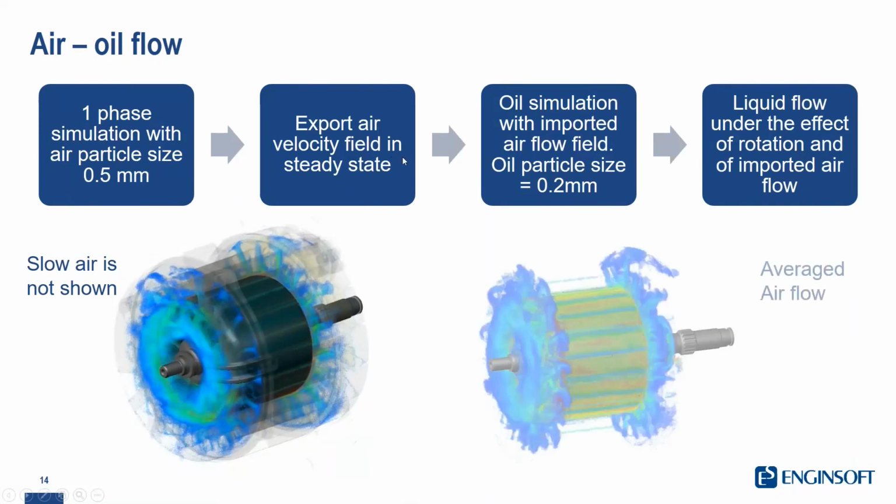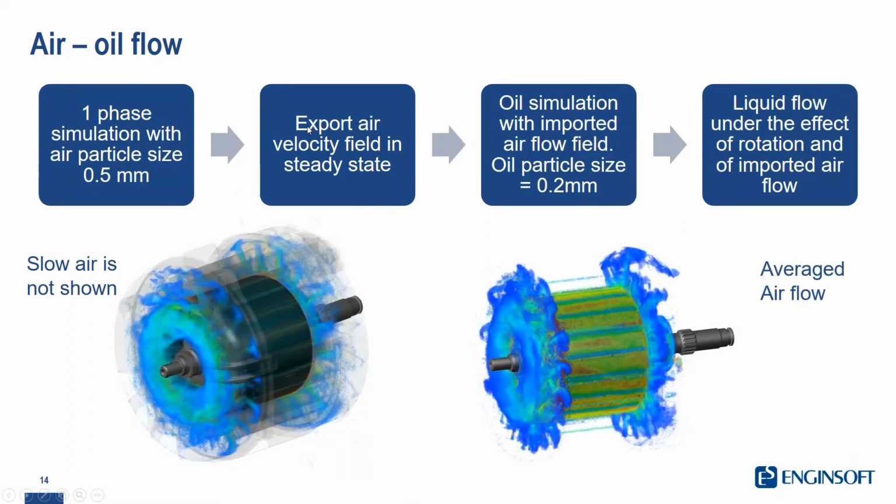We average the airflow and we export and then re-import the steady state airflow for the second simulation, that is the oil flow. The reason why we decouple is also because we want to have a higher accuracy on the oil flow simulation to be able to predict in an accurate way the heat transfer coefficients.